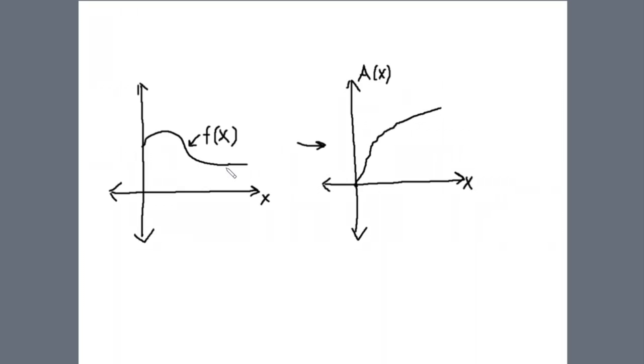But when we find what function has this derivative, we can get an infinite amount of functions. Because if we translate the area function up by 1 unit, it'll still have the same slope at every single point, and therefore it'll also have the same derivative at every single point. So to find the area bounded by one x value and another x value, we need to find the net change of the area on the interval.